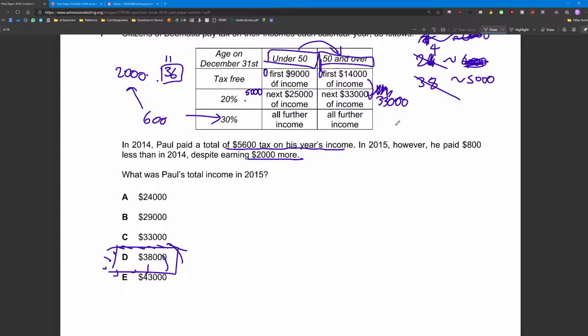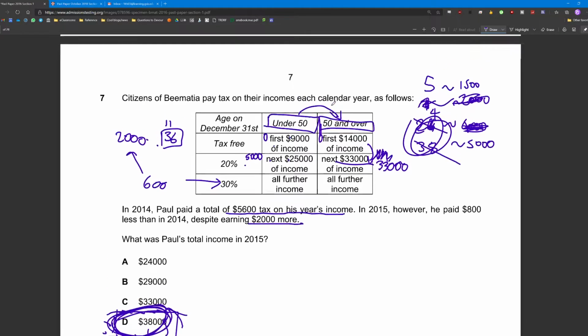So all of the rest of it, not just up to 33,000, it's more like it's up to 47,000, is only taxed 20%. So this answer is correct. I just misinterpreted the second column.